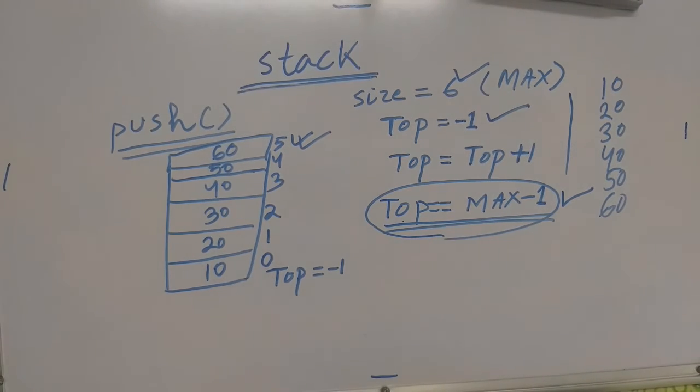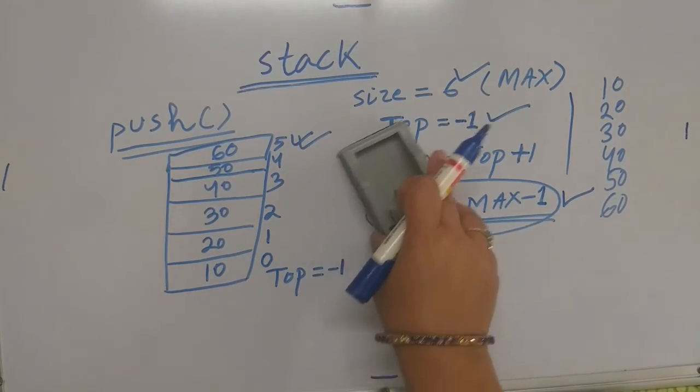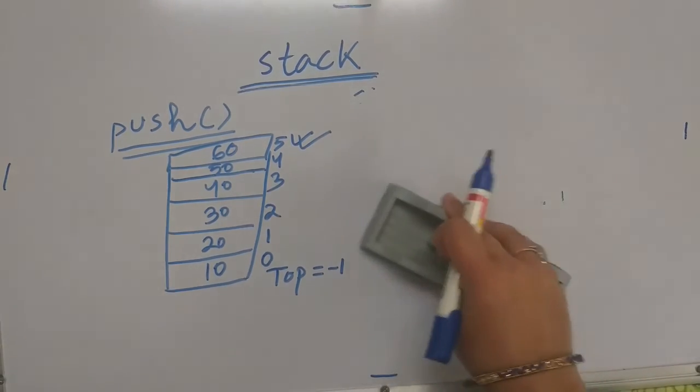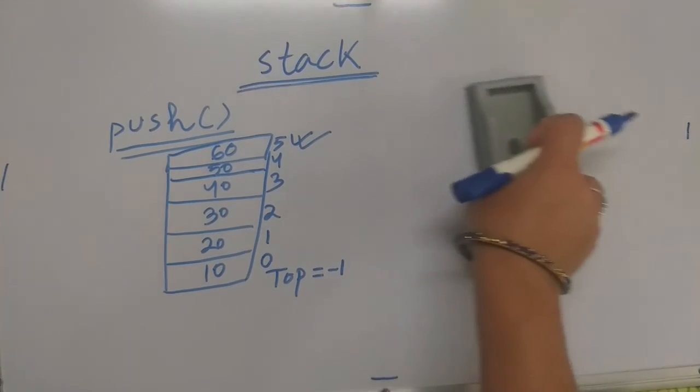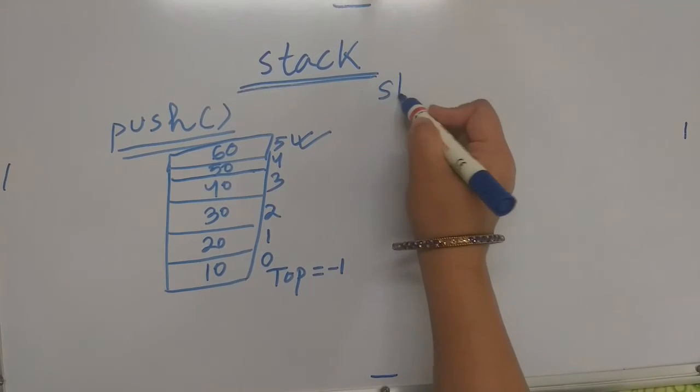So how do we write down that particular algorithm? First we write down the algorithm, then we check according to that algorithm. Here we give another example and check whether the algorithm is working properly or not.